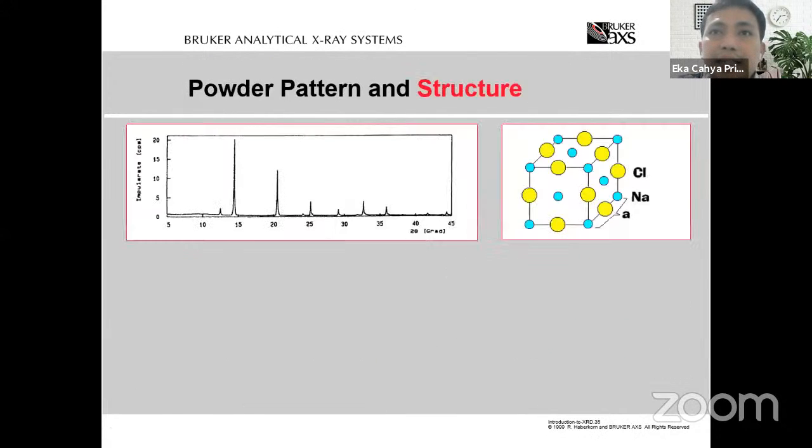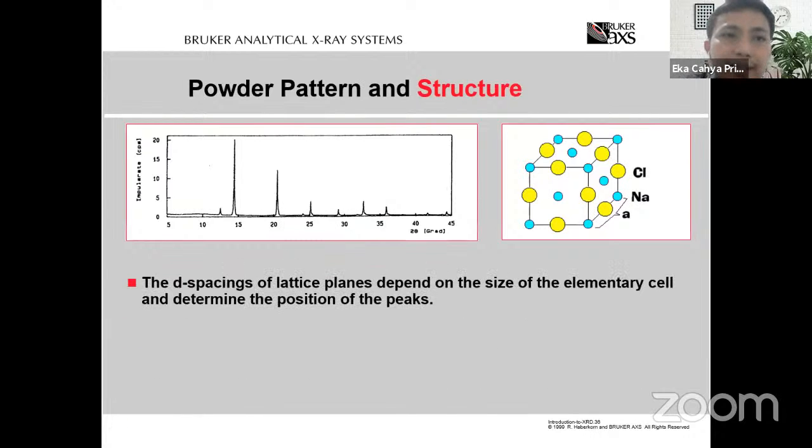So this is X-ray. Afterward, here is the analysis of X-ray. It results in a peak representing a crystal.